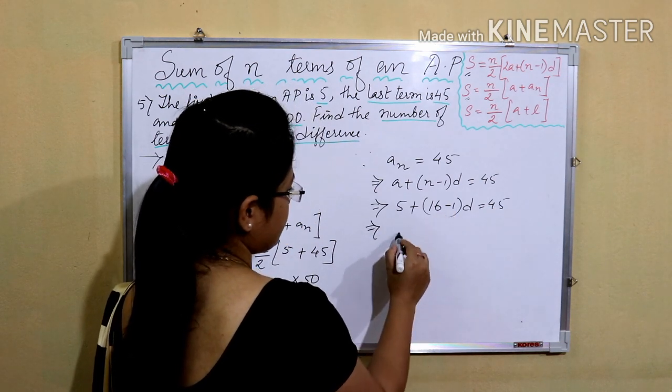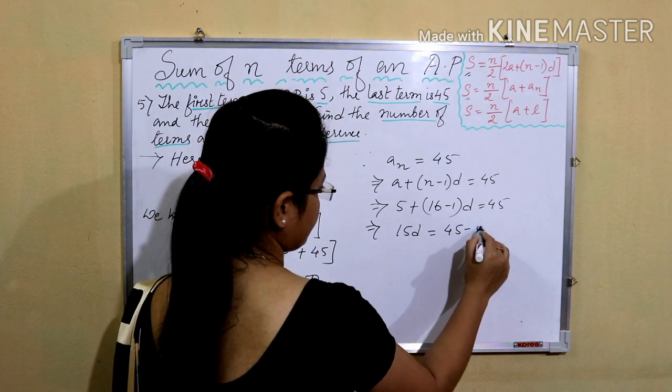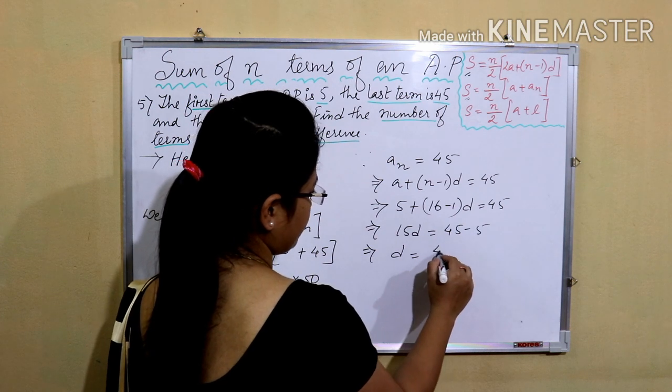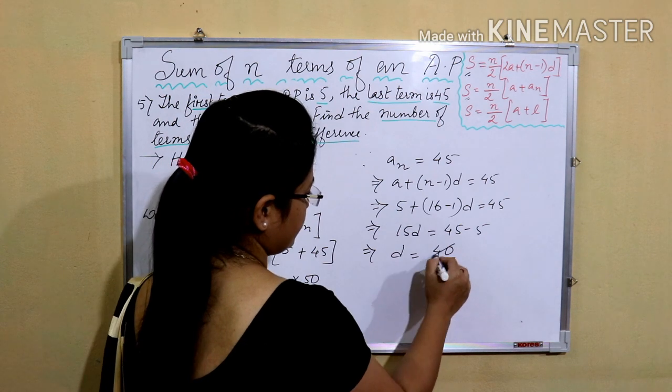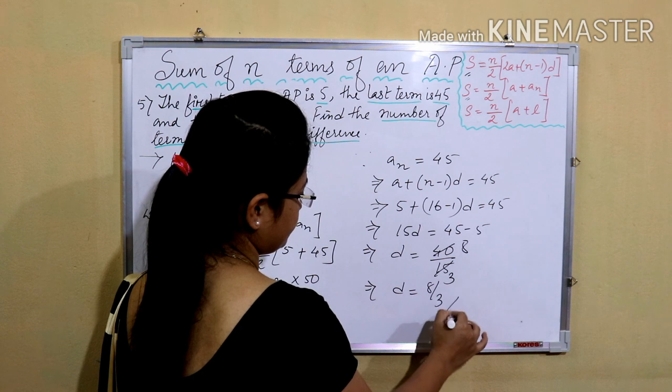So 16 minus 1 will get 15d, 5 will go this side, it will be 45 minus 5. So d equal to 45 minus 5, which is 40, divided by 15. 5 3s are 15, 5 8s are 40. So we got d is equal to 8 by 3.